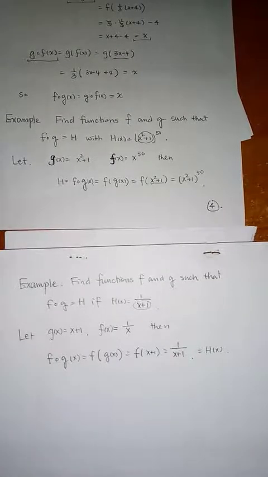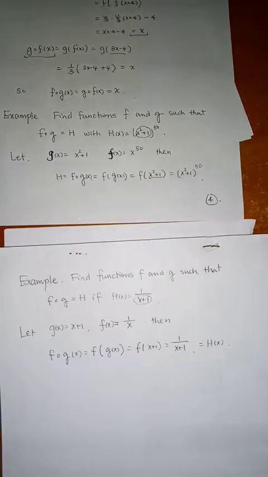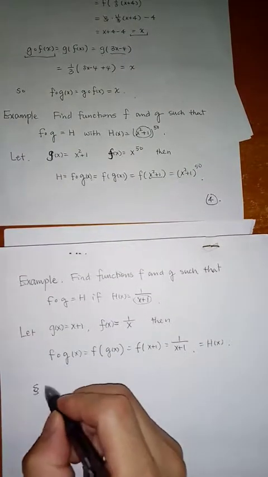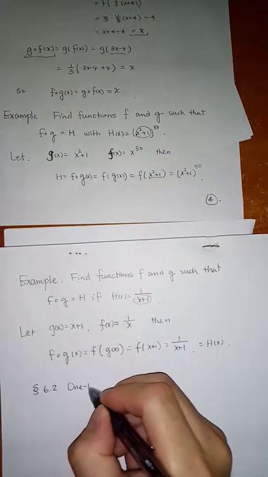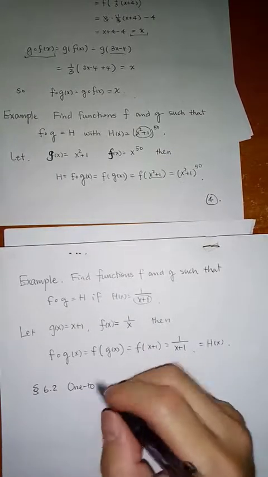Okay, so you can have composite function among two functions, or three functions, or even more functions. It doesn't matter. It's just the number of the steps. Okay. So that is section 6.1. And after section 6.1, we're going to have section 6.2 and one-to-one functions, inverse functions.